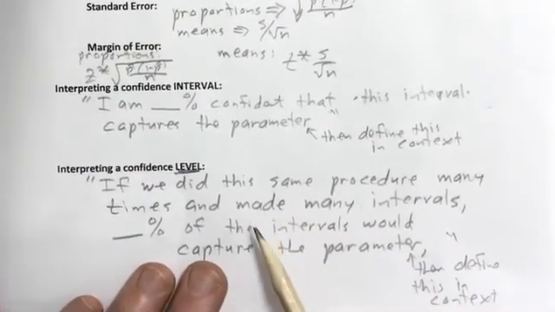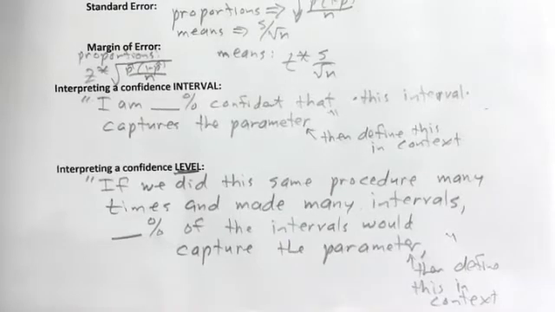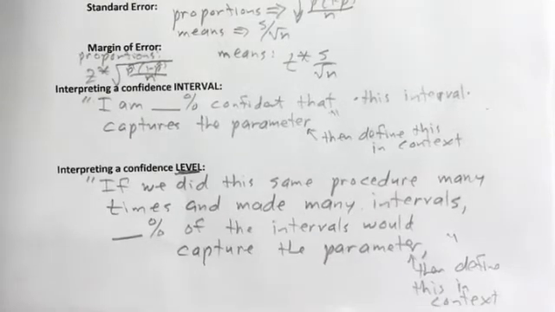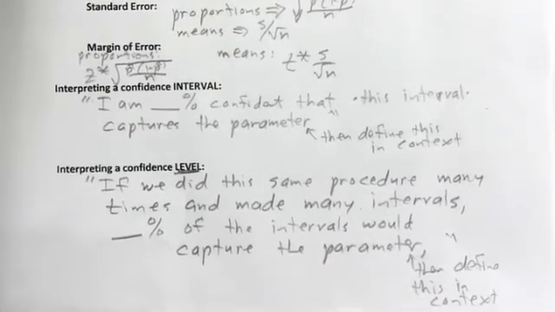If we did the same procedure many times and made many intervals, 95% or whatever's given in the problem of the intervals would capture the parameter. And you say what the parameter is in context, okay? In other words, P, the proportion of all the people that are going to vote for this candidate.